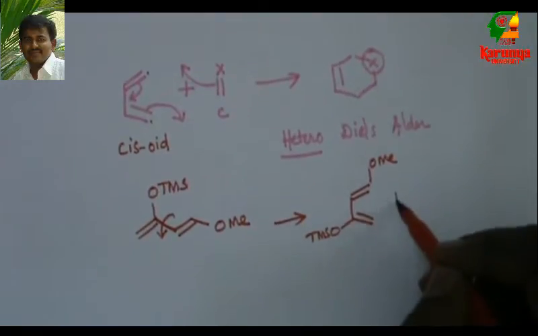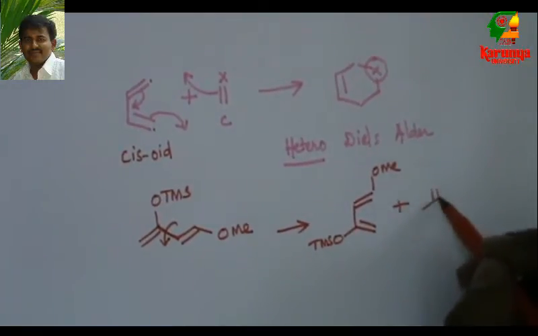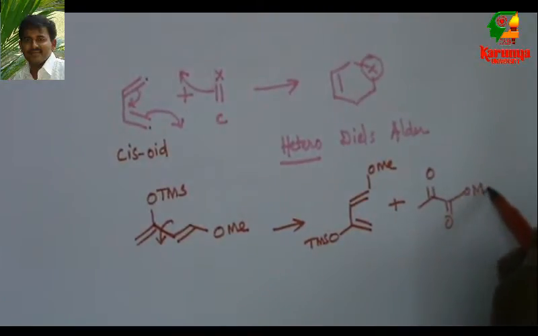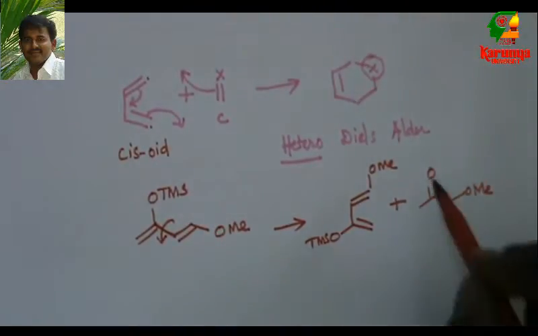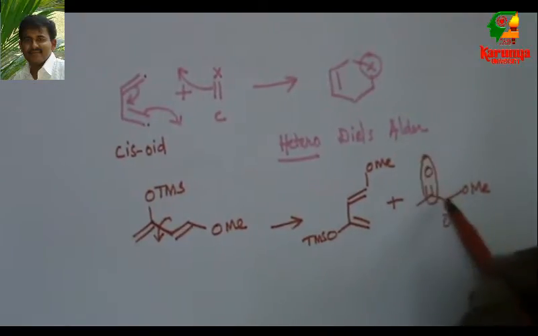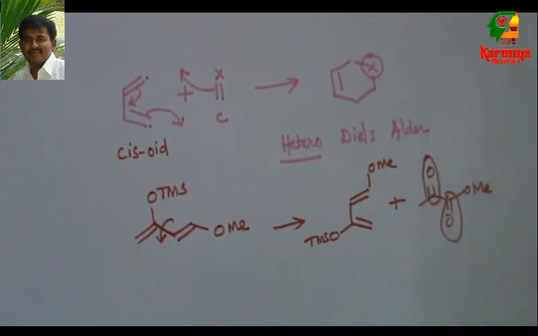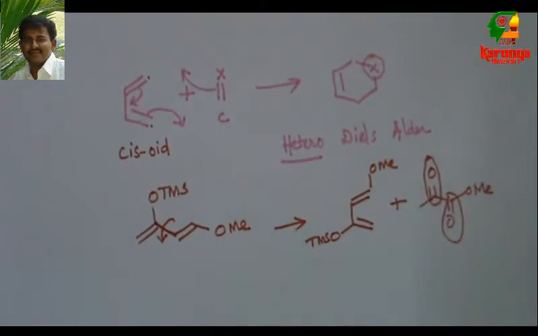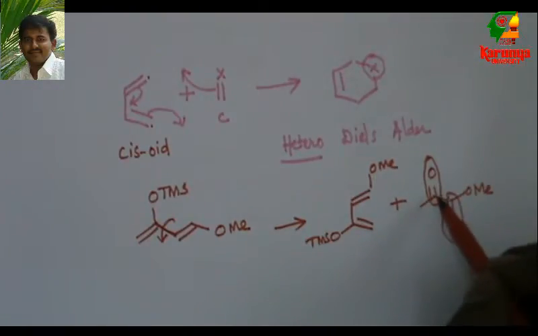Now, if I add pyruvate to this, there are two carbonyl groups. In this, which one will act as electrophile? This or this? You may know that ketone carbonyl is more electropositive than ester carbonyl.